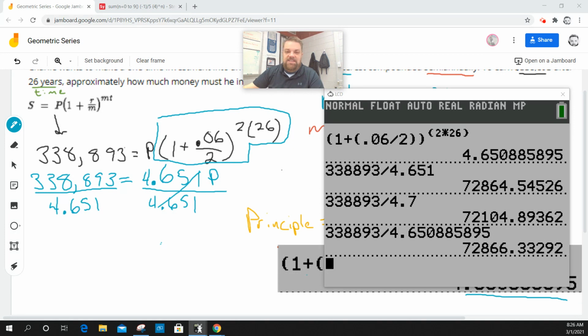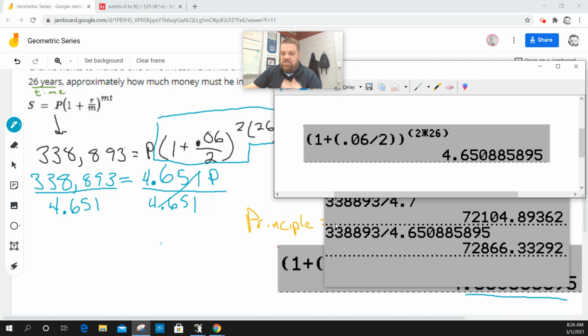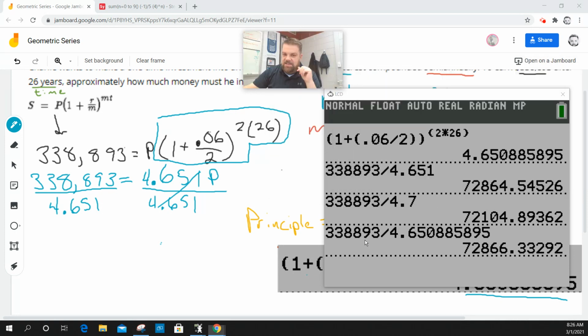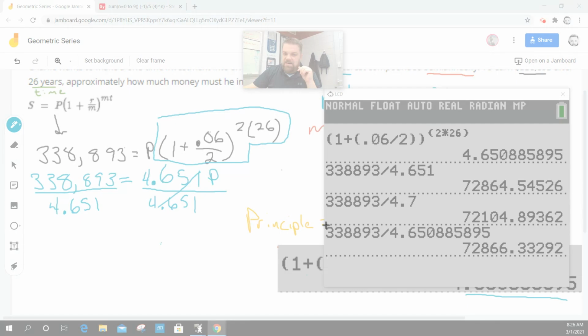So in the textbook, I got a little bit of a rounding error because when you go to do this, there'll be a multiple choice thing. So they didn't round it at all. They carried it out the full decimal amount. So this is really technically the answer right here.